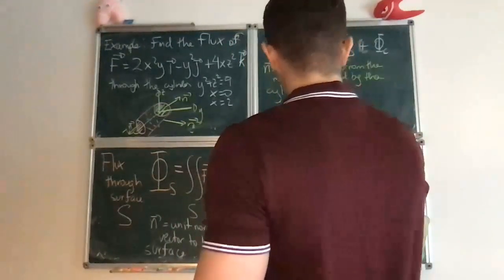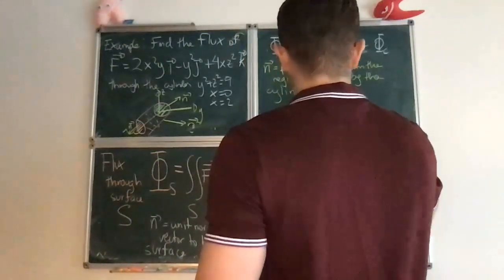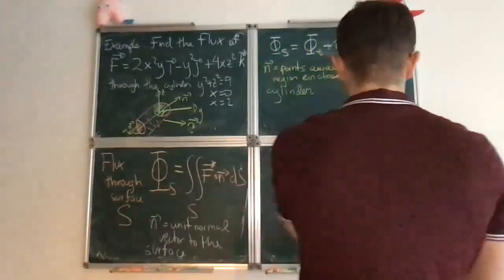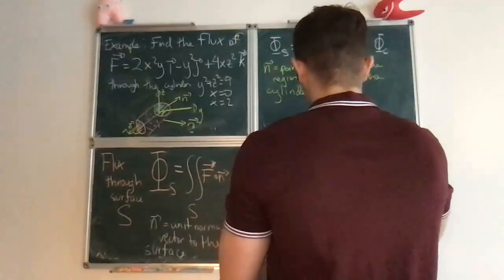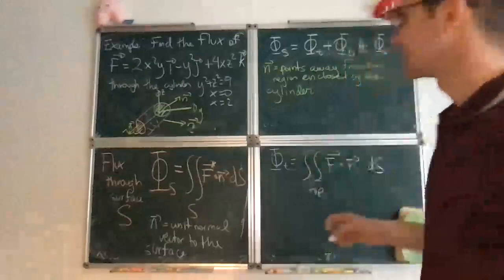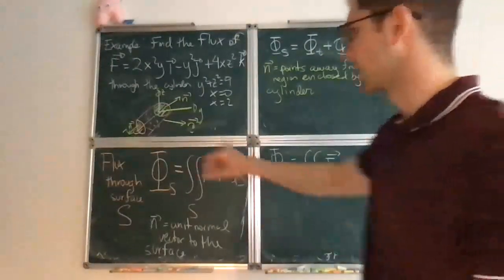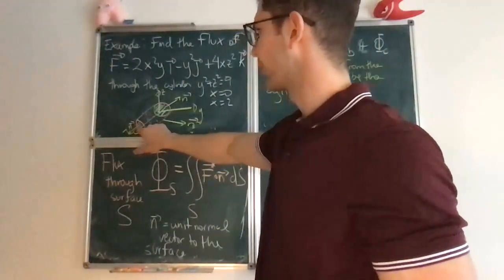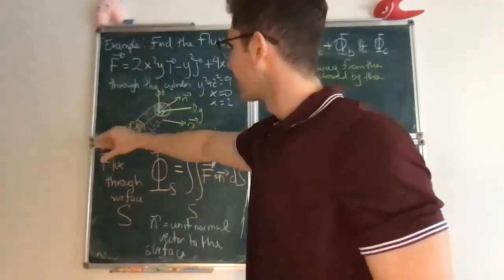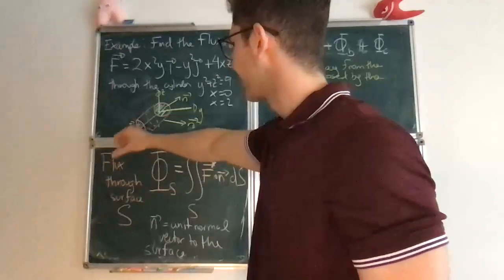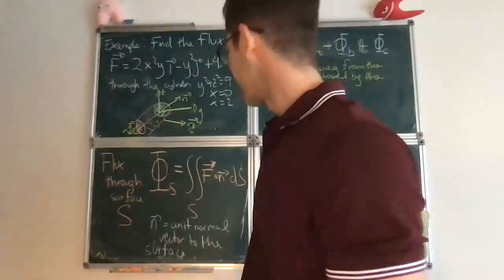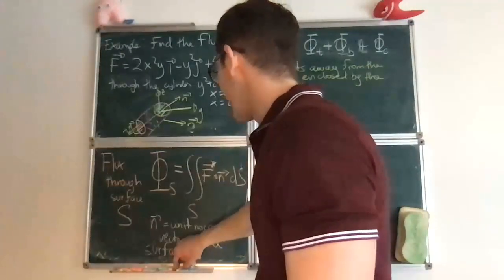Well, it's a surface integral of F dot n over the top surface S. But what is n? The part that we're considering right now is a disk, and the normal vector is perpendicular to this disk. It's just pointing along the x-axis. And so the normal vector really is the vector i.